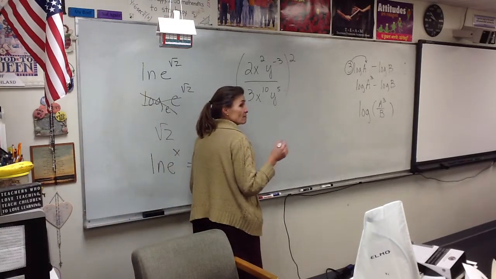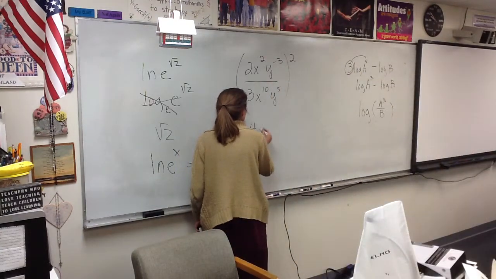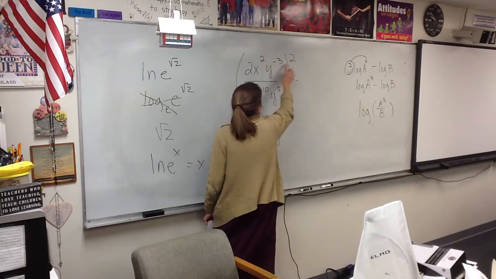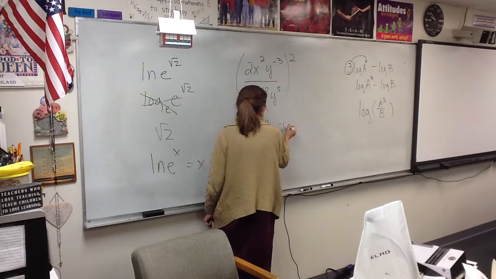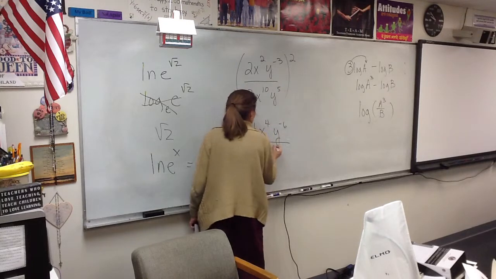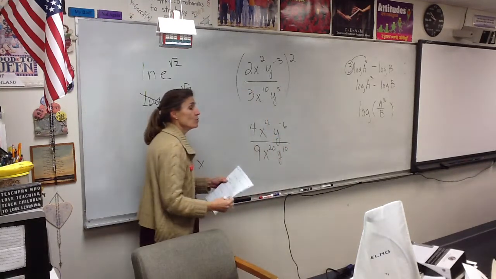When we square everything, it means everything. So we're going to have 4x to the what? 4th, y to the negative 6 over 9, x to the 20th, and y to the 10th.